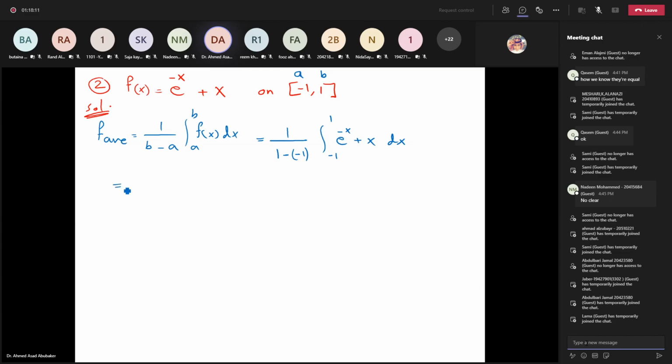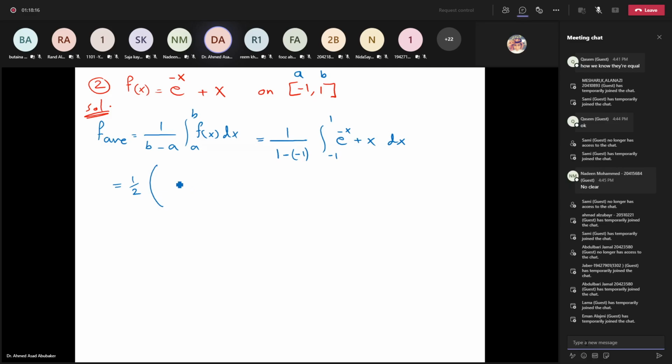Now this is equal to 1 over 2 multiplied by negative e to the power negative x plus x squared over 2. Now we need to substitute 1 and -1.